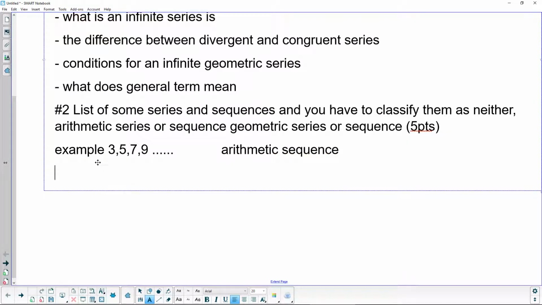Okay, maybe I had something like -1, 3, -5, -7, dot, dot, dot. Okay, well, we're looking for a common difference.